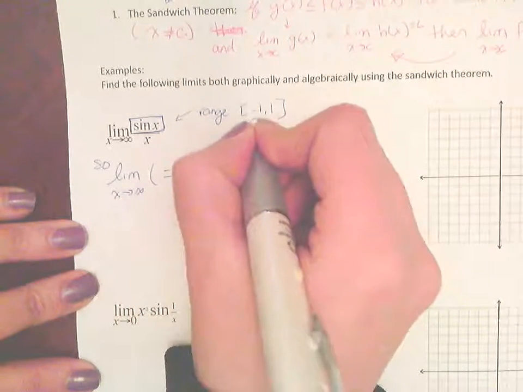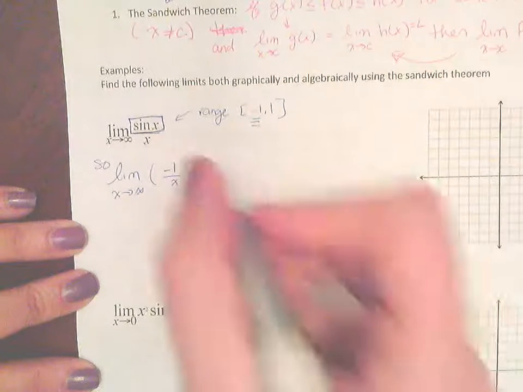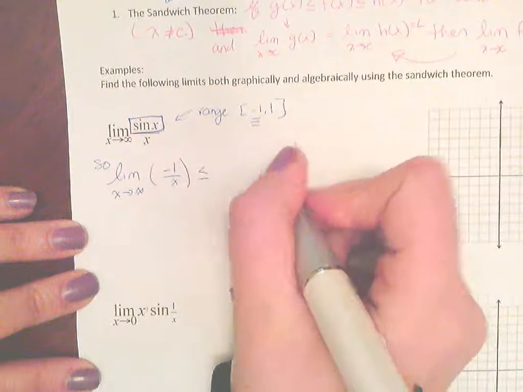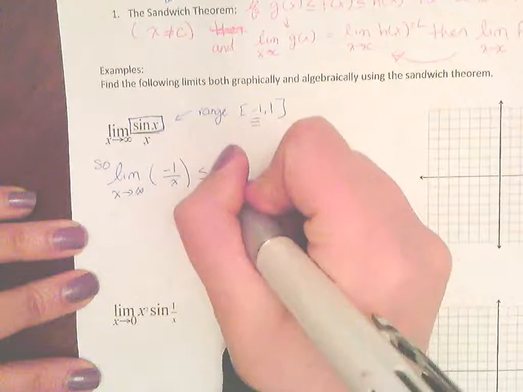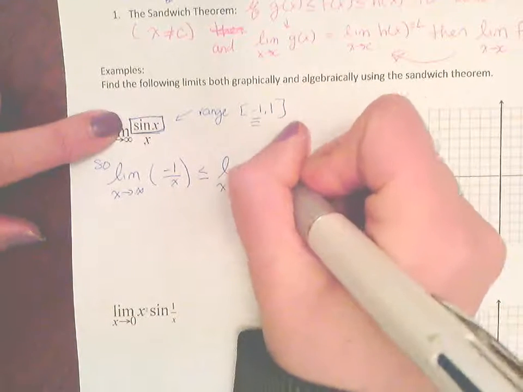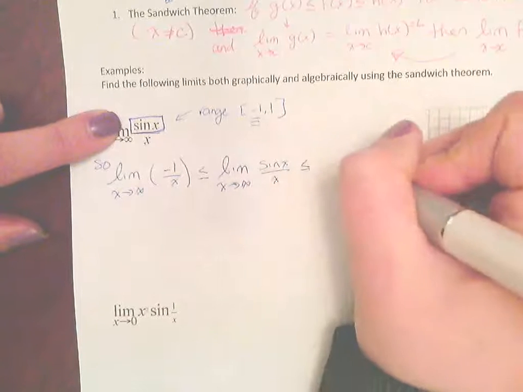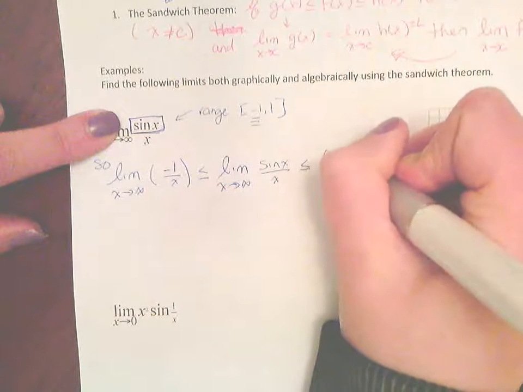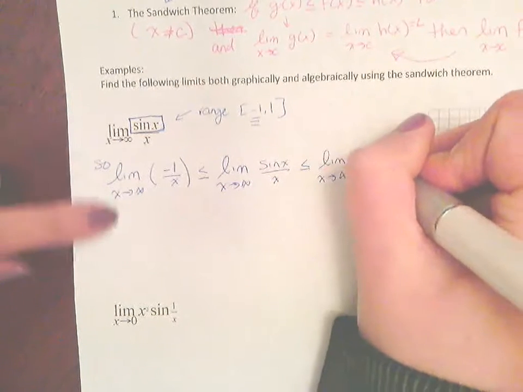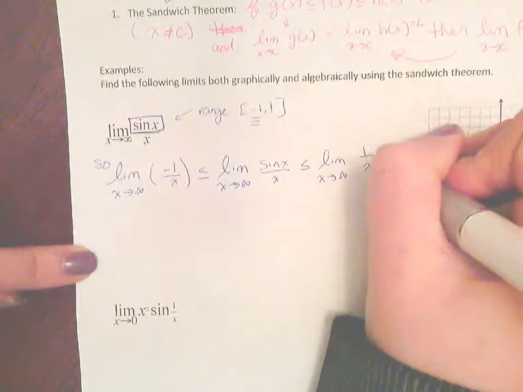You notice I'm using the actual intervals, and I'm keeping the x from the denominator, is less than or equal to our actual limit, which is sine of x over x, and that is less than or equal to our outer interval, 1 over x.